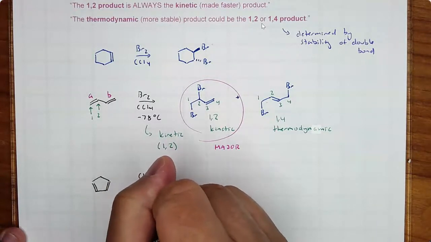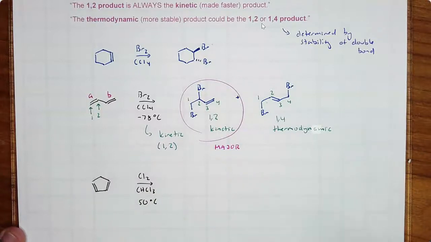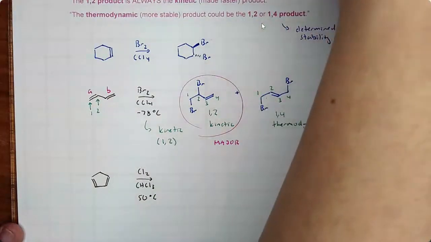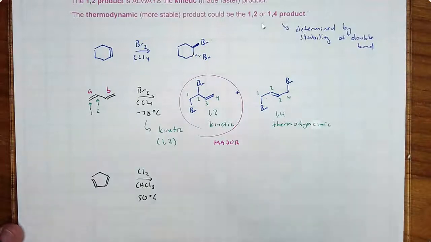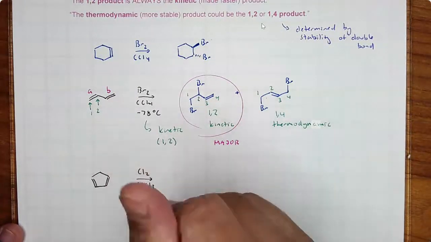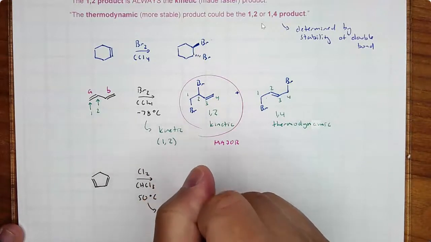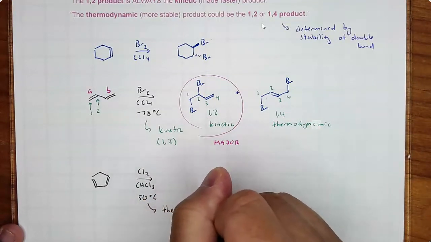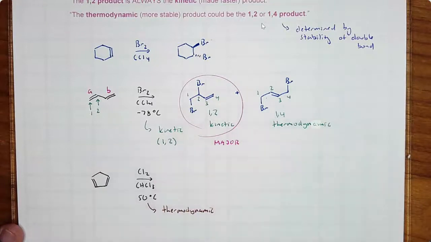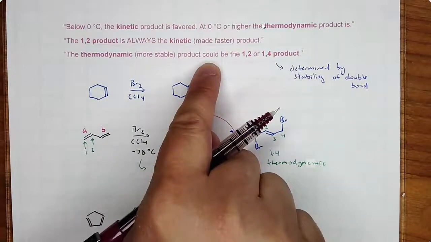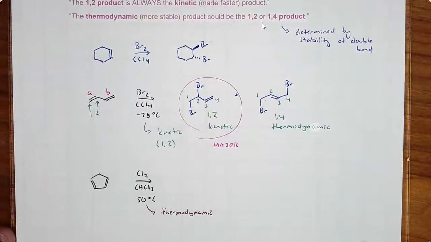What's important is the temperature. And our first thing to determine is that, because of the temperature, we want the thermodynamic product. Now, I don't know if the thermodynamic is the 1,2 or the 1,4. It could be either. I have to wait till I draw the products.